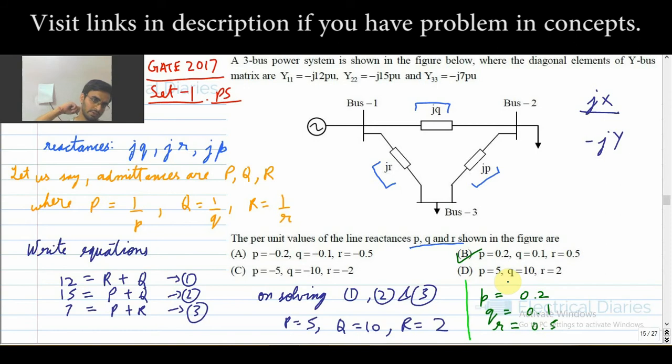Please don't get confused by the signs. For reactances these are always positive, and for admittance the negative sign comes. If you want to know why the negative sign comes for admittance, you can see the videos in the description. So B is the answer.